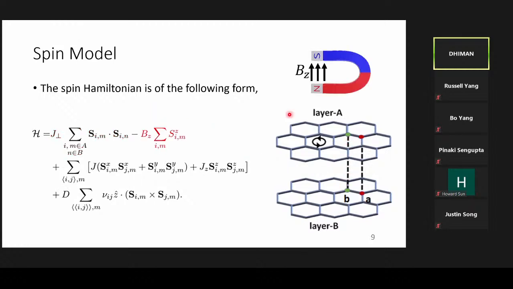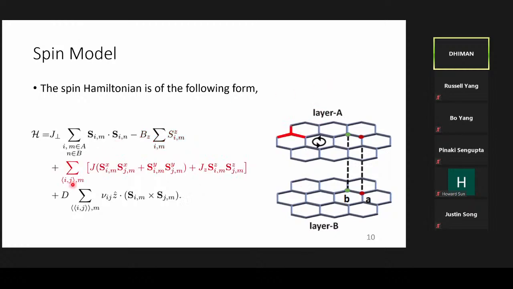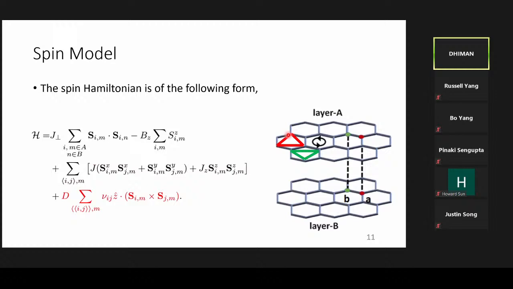We also have the magnetic field perpendicular to the lattice in the Z direction. The third term denotes the Heisenberg exchange interaction on the nearest neighbor bonds, denoted by the red line here. And the last term is the DM interaction, which is symmetry allowed, and which is on the next nearest neighbor bond, denoted by the red and the green lines.